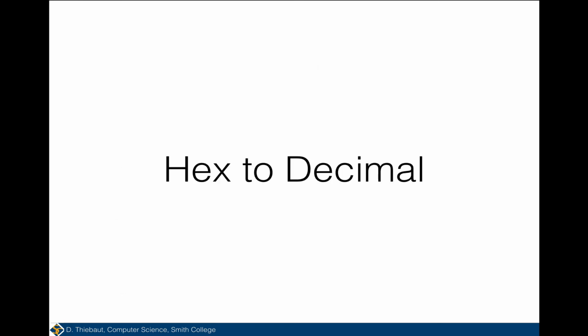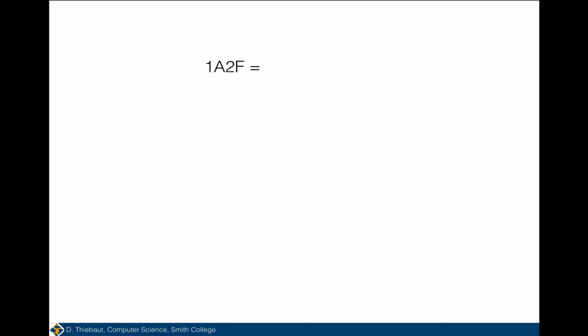Hex to decimal. All right, we've seen that previously. You just have to remember that the base of the hexadecimal system is 16, so you can expand that the same way that we've expanded binary, but use a different base. So it's 1 times 16, the base, to the 3rd power, so 0, 1, 2, 3, 1 times 16 to the 3rd, A times 16 to the 2nd, 2 times 16 to the 1st, F times 16 to the 0.